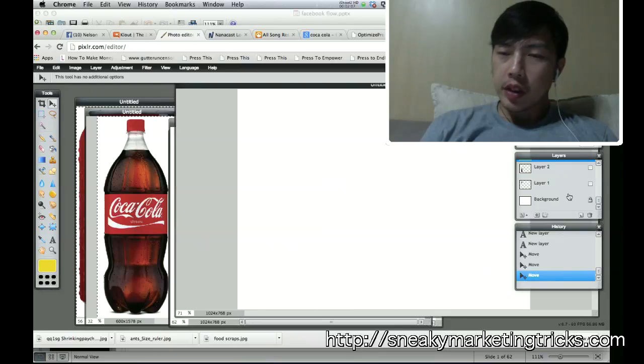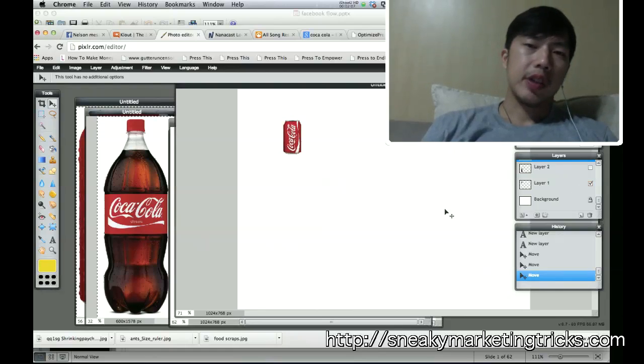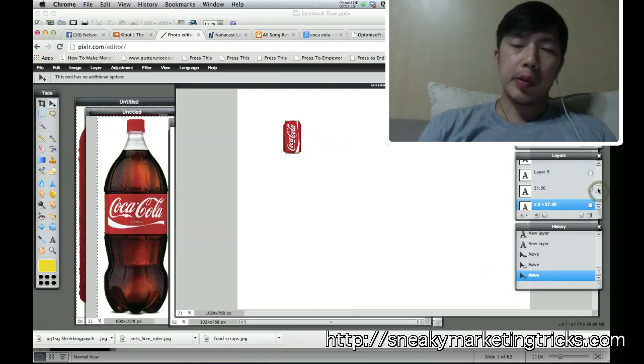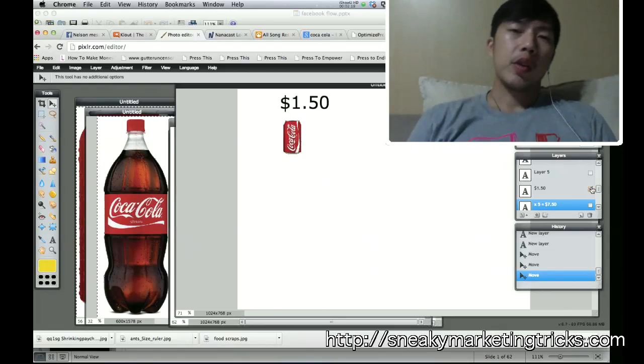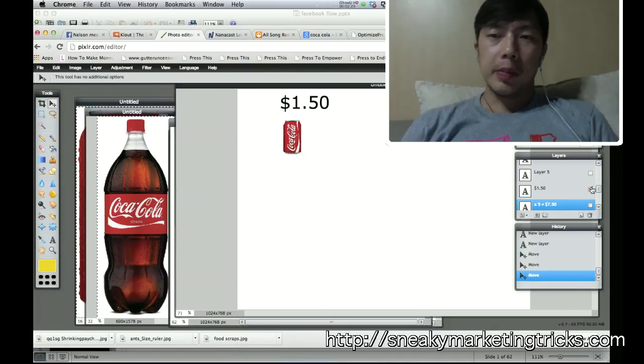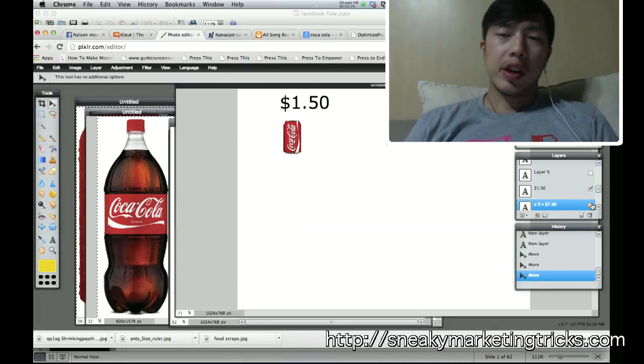If we buy by the can, over here in Singapore, the cost of a can of Coke is actually 150. It's pretty pricey, yes.